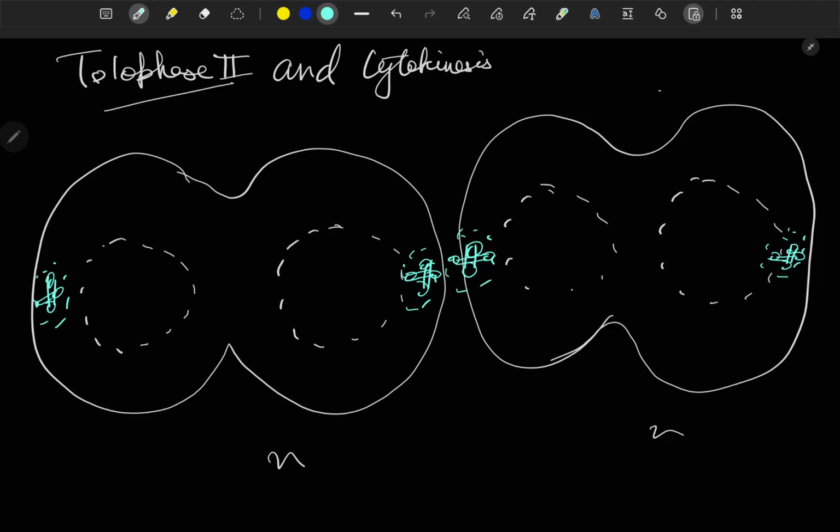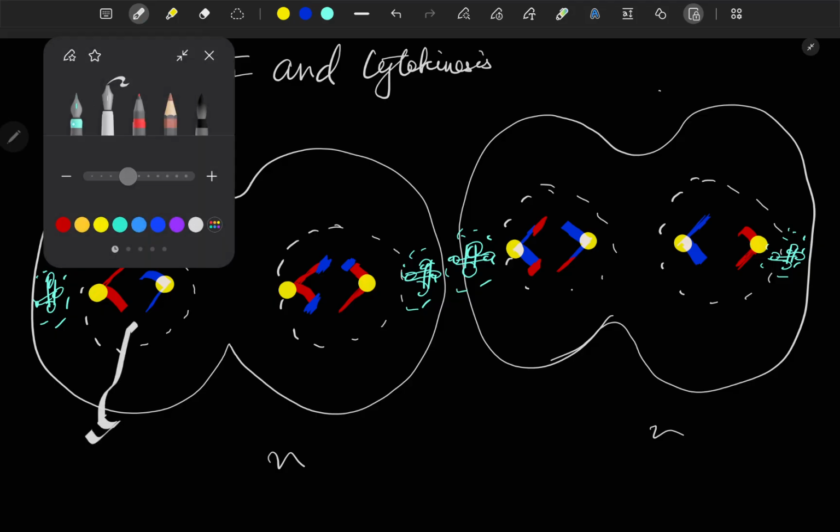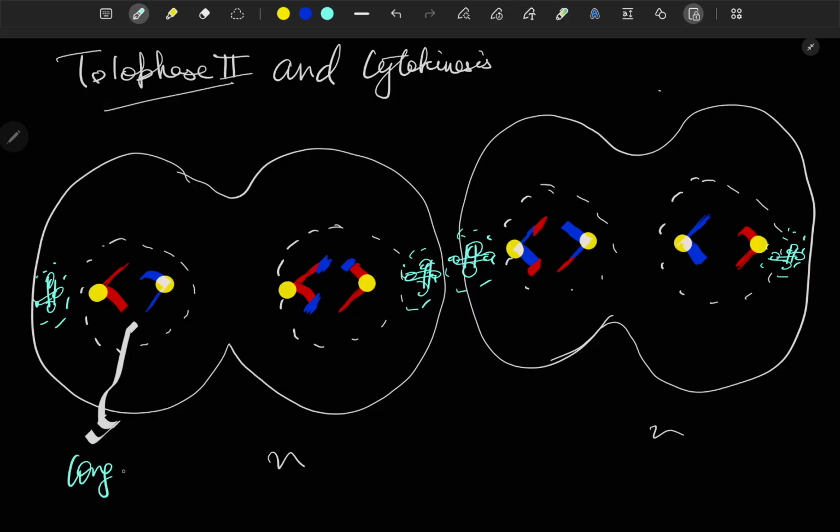The main thing you can see is that the nuclear envelope reforms, and the nuclei reform at each pole. The chromosomes begin to decondense again. They become long, thin chromosomes. This marks the end of meiosis 2.